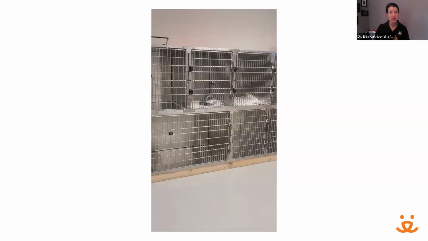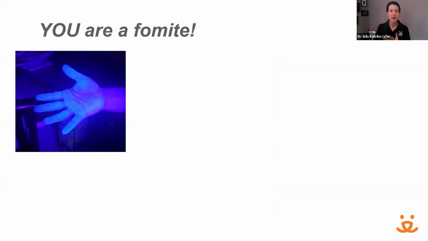Now, what we can't see, right, are any of those microscopic pathogens that this cat in our scenario was infected with. What we did for this scenario is this material, this powder that is invisible to the naked eye, but glows under the black light. And so we put some of that on that orange tabby. And so this is Megan's hand, and you can see that she's become contaminated with this material.